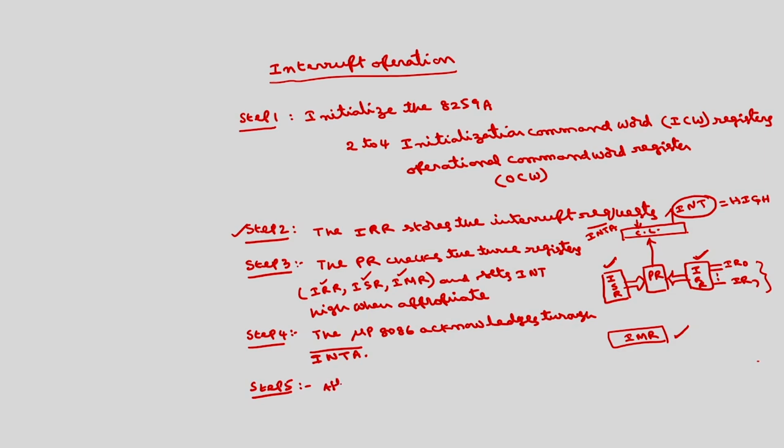After receiving INTA bar, the appropriate priority bit in ISR is set. So, in ISR, if this is IR0, then the IR0 bit will be set. If it is IR1, the IR1 bit will be set, like that.